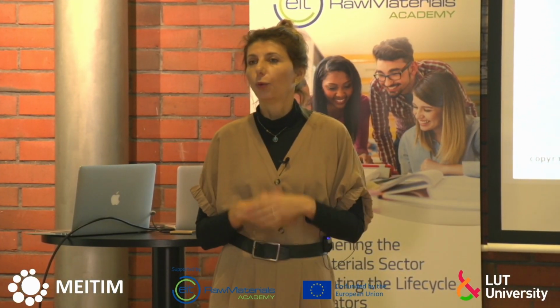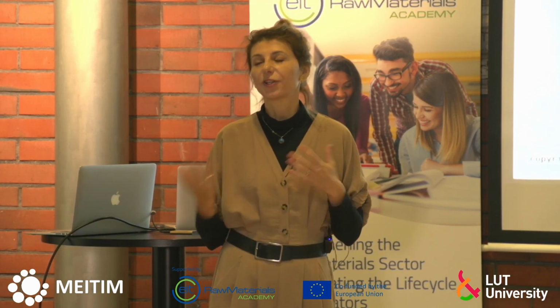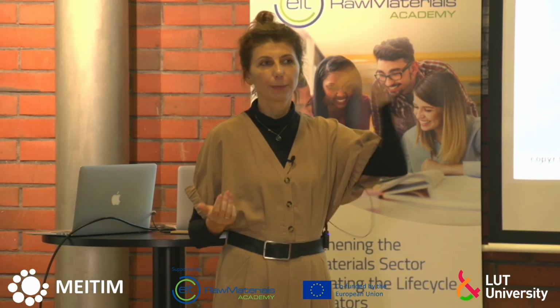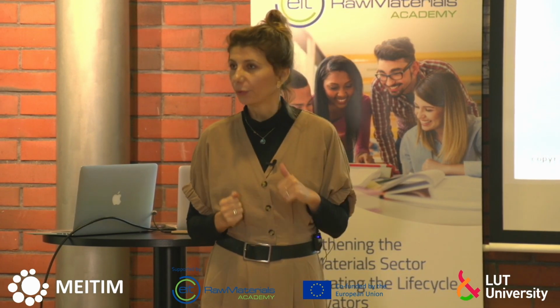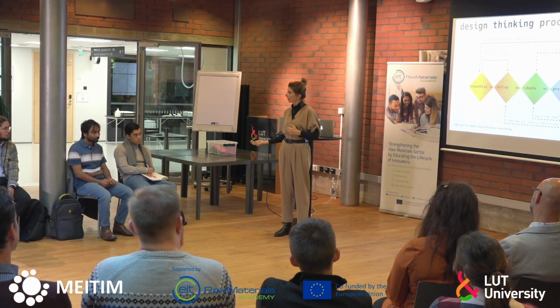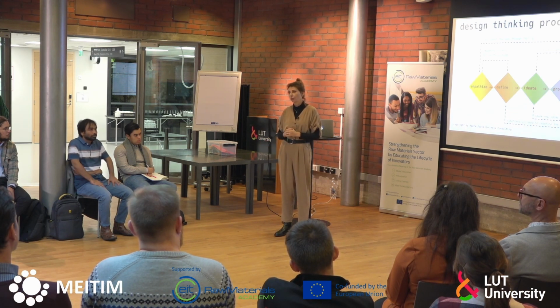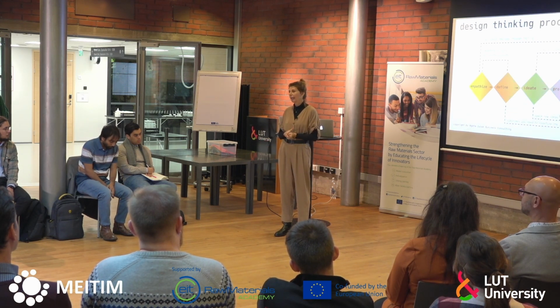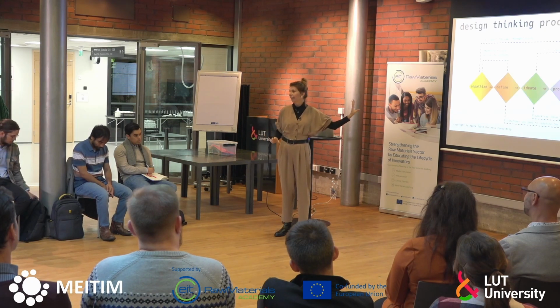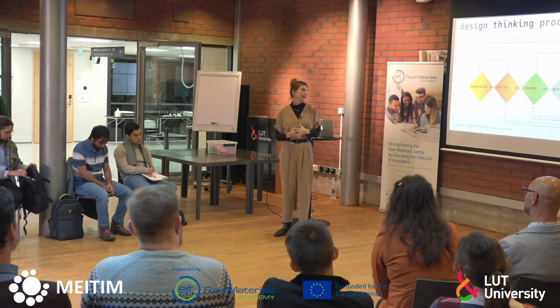No ideas are bad in the beginning. We should just try to be creative, like a child. We should think from different perspectives: how Donald Trump would do that, how a vegetarian would do it, how a child would do it, how a person who doesn't live in our city would do it. So this is the way of looking at the need we have defined in the definition phase and generating ideas.